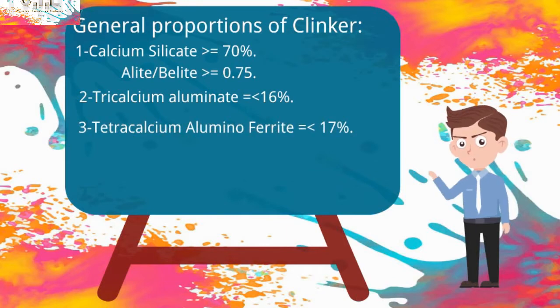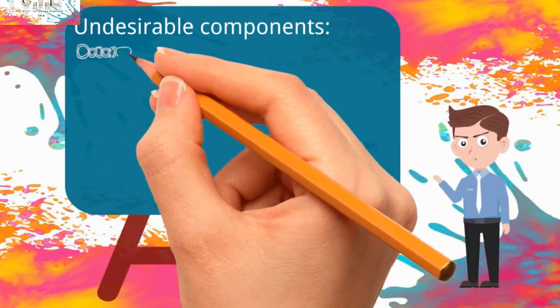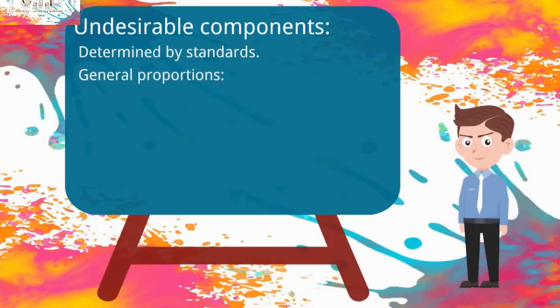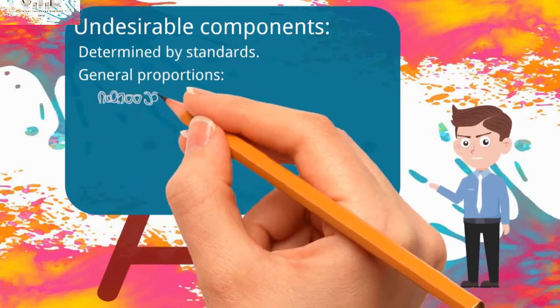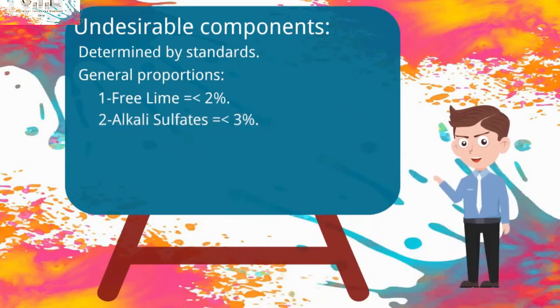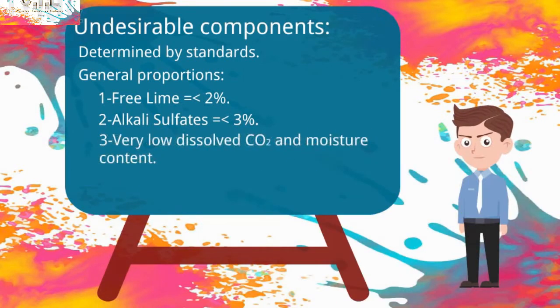And about undesirable components, their limits are determined by the standards of a country, but in general it should be not more than 2% free lime, not more than 3% alkali sulfates, and very low dissolved carbon dioxide and moisture content.